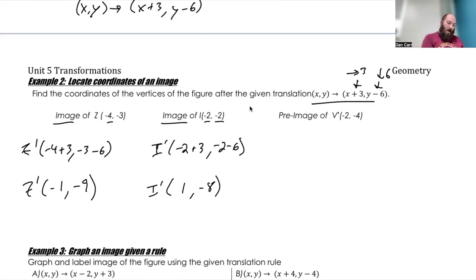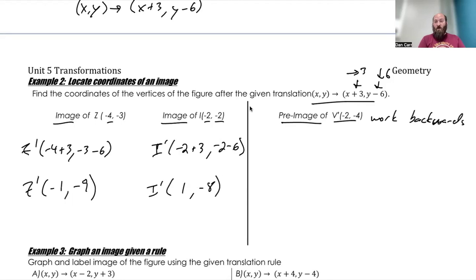Okay. Now I'm going to separate this a little bit because this one's a little bit weird. I'm asking for the pre-image of V prime. So if I give you this, I've given you the image. What's the pre-image? Well, we need to work backwards. If I work backwards, I'm thinking about what is the opposite of this motion.